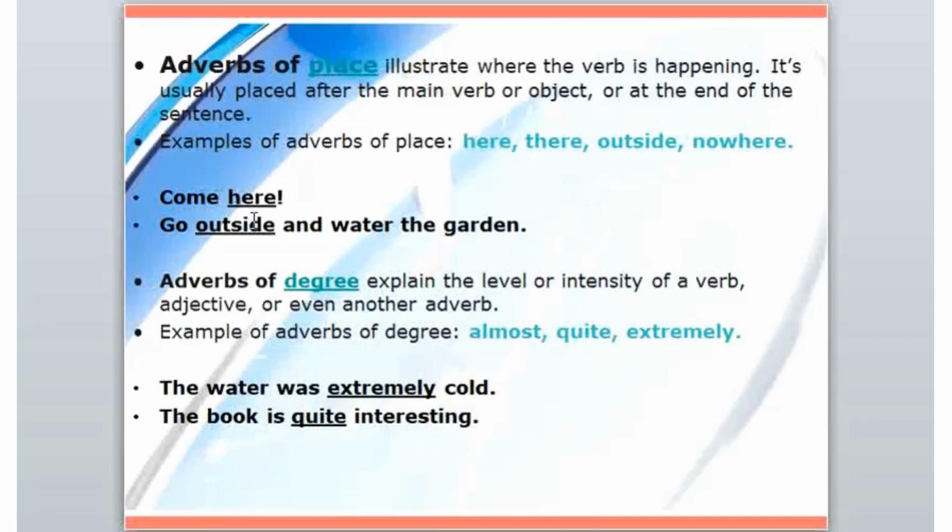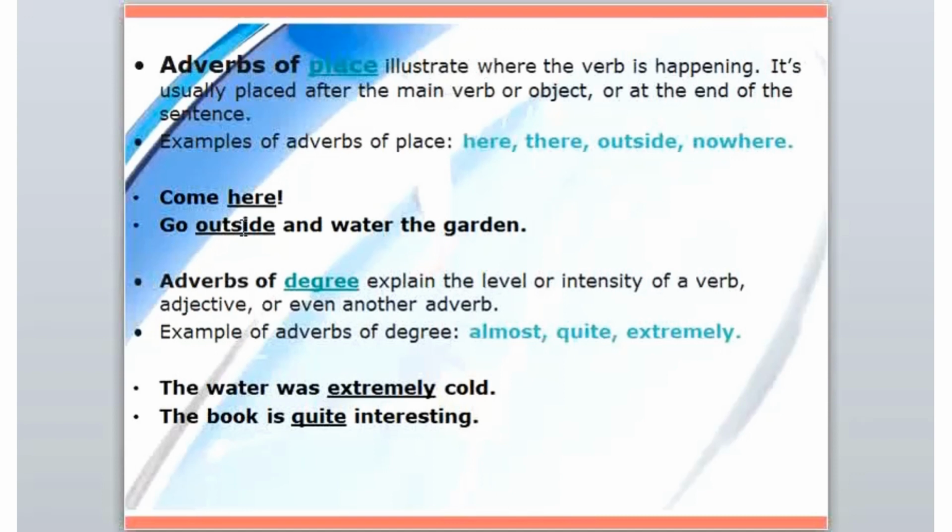Come here. Here is underlined. Here gives you an idea about where someone should come, right? When someone gives you an idea about some location or position, place of something, then for that we use adverbs of place. Next example, go outside and water the garden. Outside tells you about the location where someone should go and water, right?